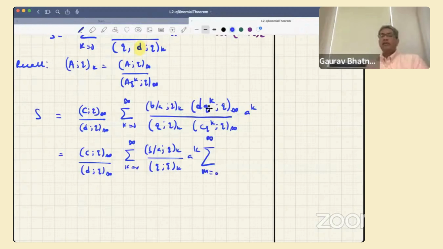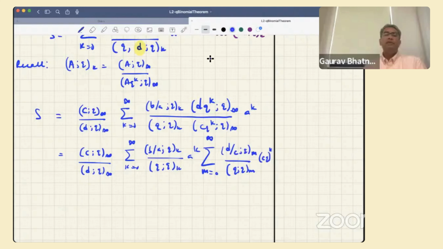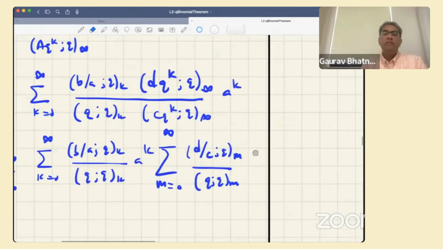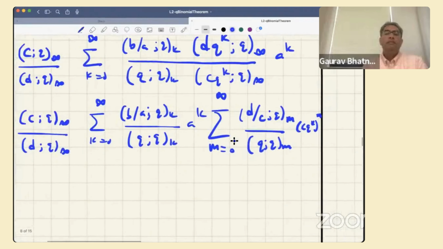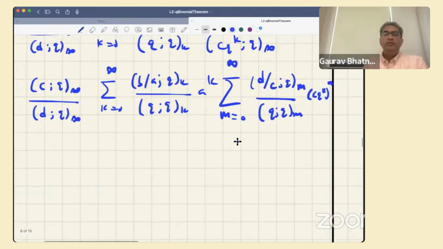This will come out to, in the numerator, (d over c;q)_m, in the denominator (q;q)_m, and this part comes in as (cq to the k) to the m. So this is using the q-binomial theorem.